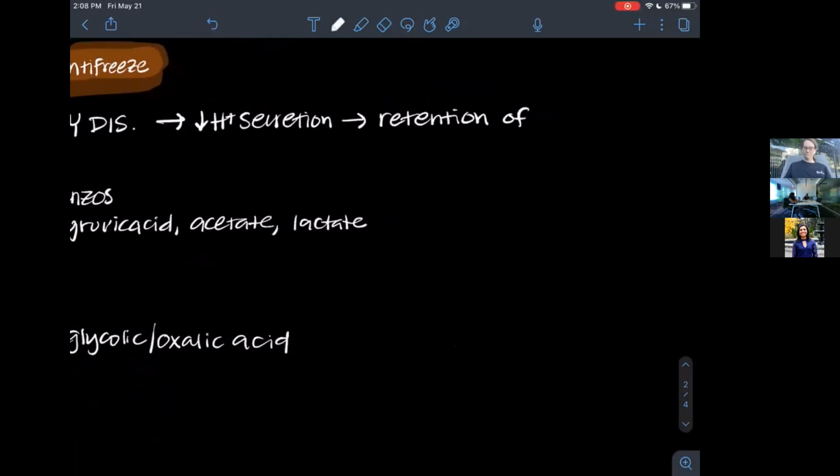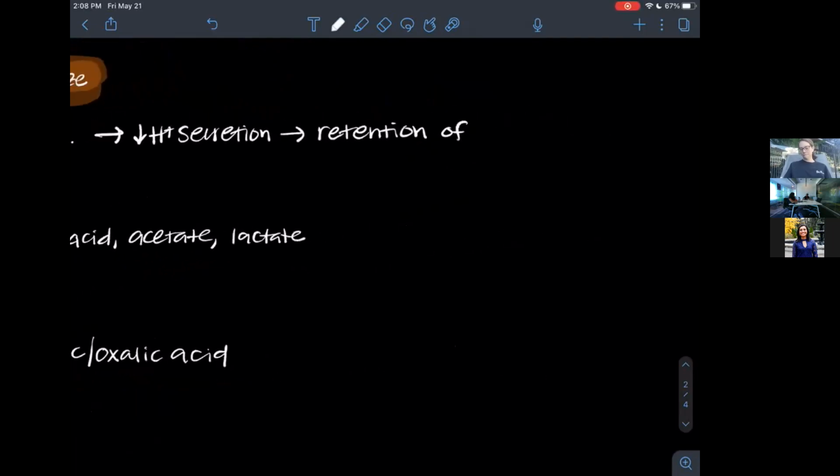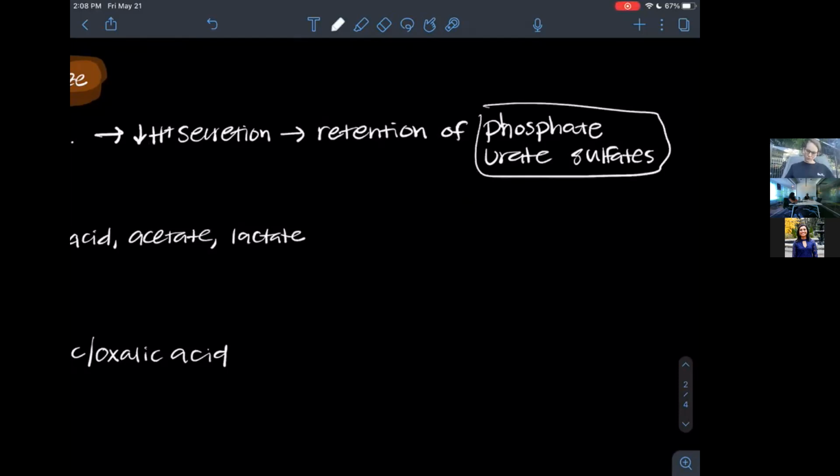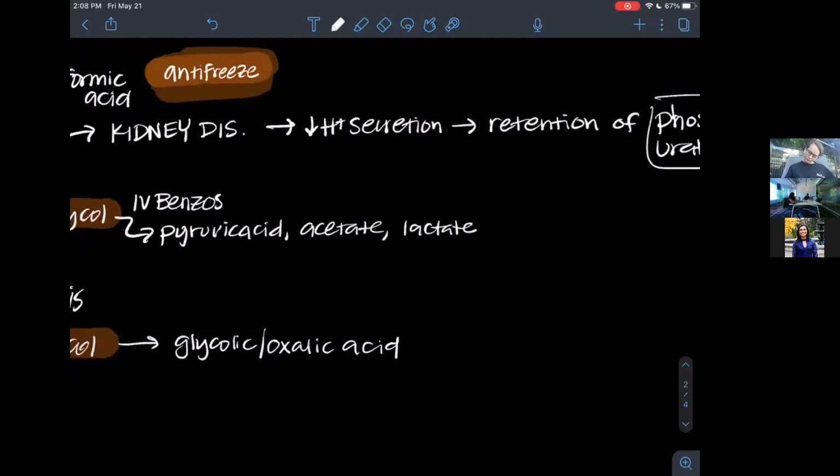You'll also see retention of bicarb and all that as well, but other things that will happen are you'll see your phosphates, your uric acid, and your sulfates. All of these are being retained. Bicarb might be retained as well. Potassium might not be secreted, but the idea is that you are retaining all these other things that are increasing your anion gap.